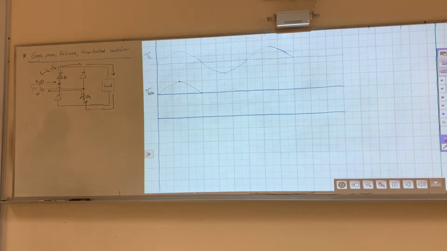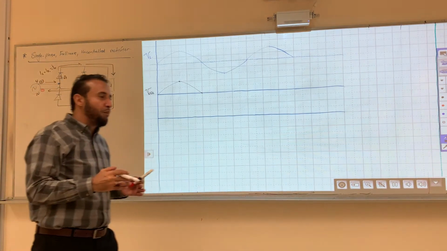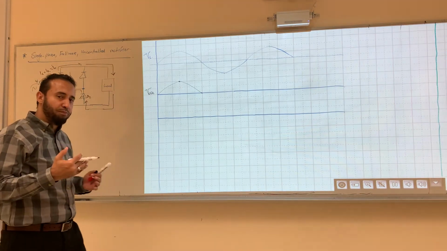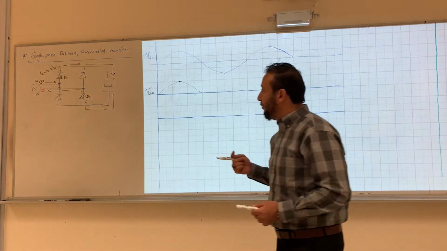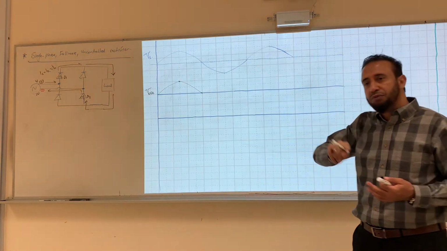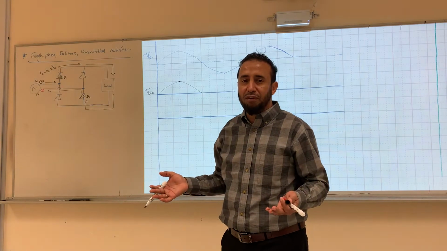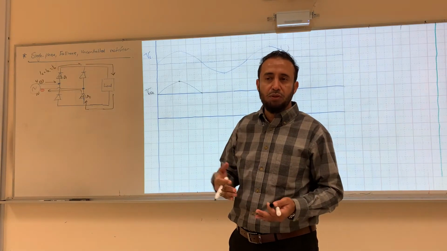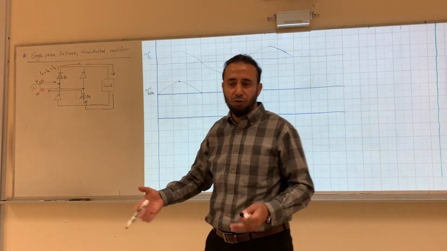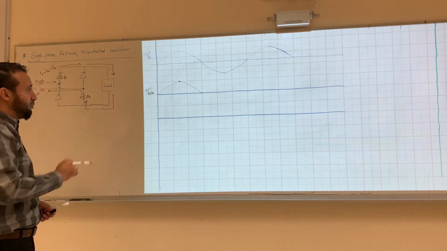What we have done by using the bridge is open the path for both positive and negative. In half wave, we only have one path, where the positive will flow through, the negative will not. That's why we have a half wave. And even in the lab, we noticed that if the source is 100 volts, the output is 50 volts, which means we lost half. That's what we get up to now.